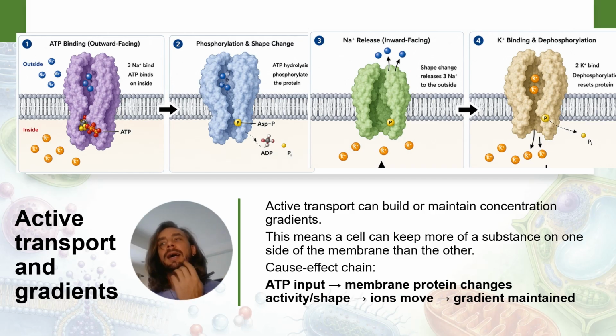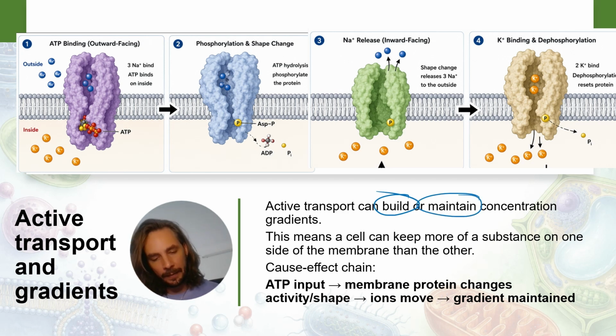Active transport and gradients. Now, active transport can build gradients or maintain a concentration gradient. So it can either build a gradient where there's a low concentration on the inside, or it maintains that low concentration on the inside.